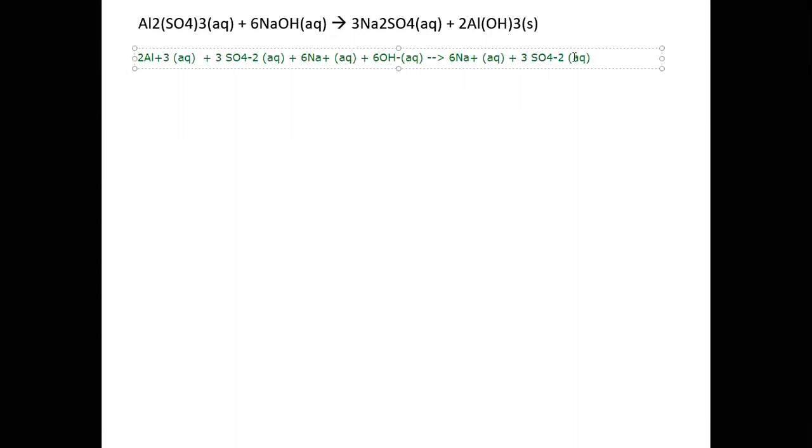And then aluminum hydroxide remains because it's a solid. And this is the ionic equation.